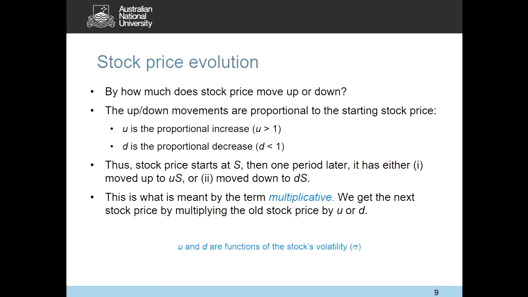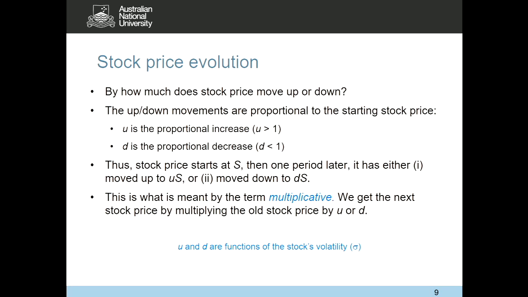And similarly, the lowercase d is going to be the proportional decrease. The d is going to be a number smaller than 1. If I tell you the share price will go down by 20%, then d is going to be 0.8, so 1 minus 0.2 gives you 0.8.